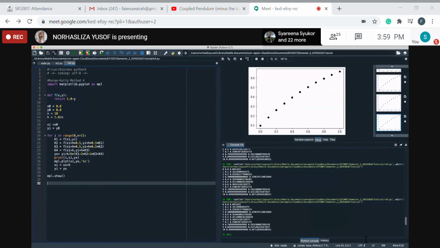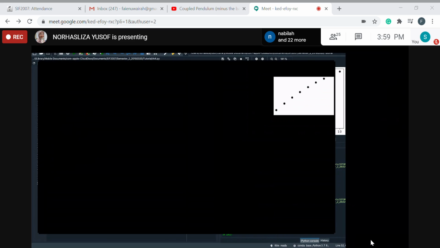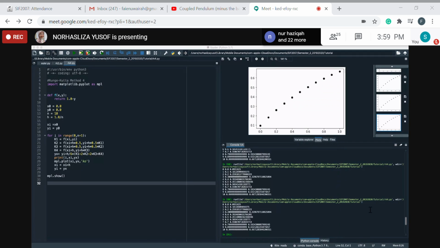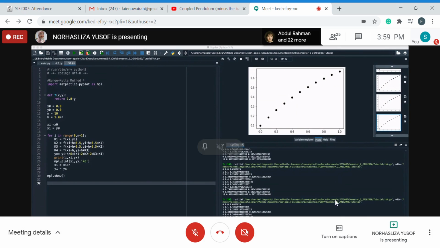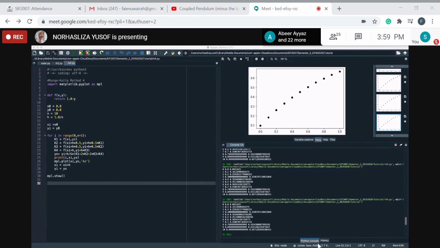So now I open that slide again. I want you to tell me how to transform this equation that we just did, starting from Euler's method. Let me open the file first.